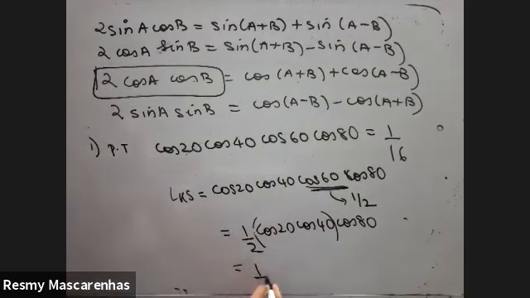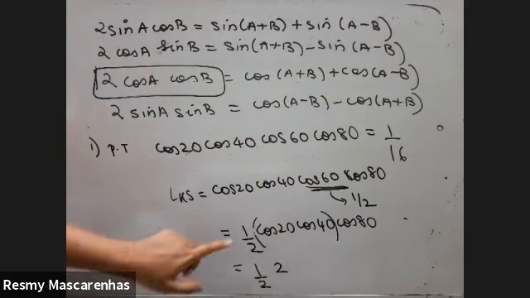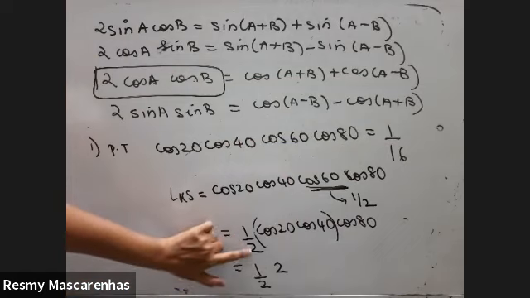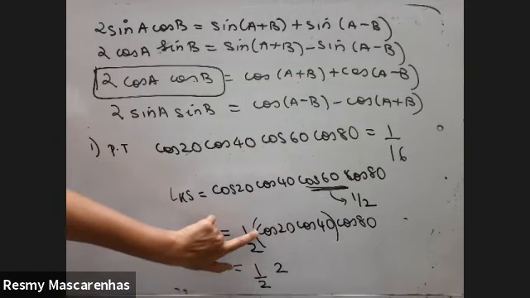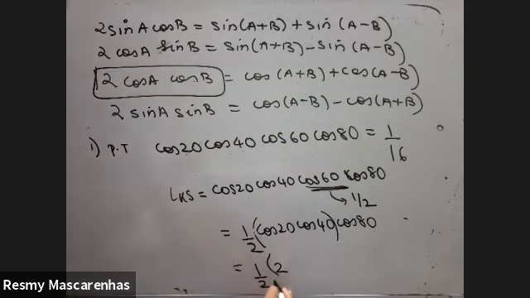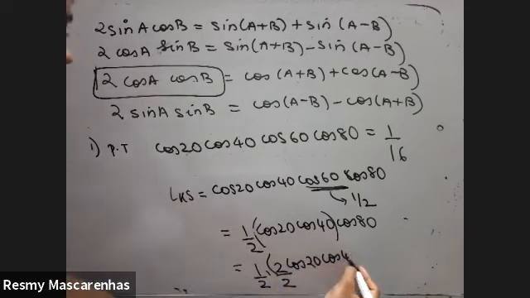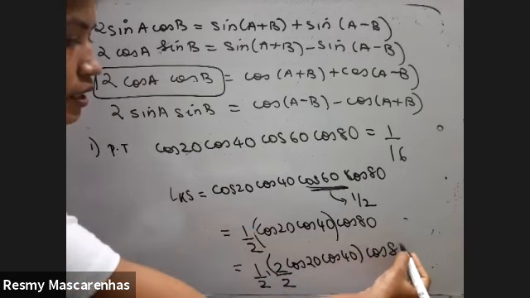In mathematics you simply cannot introduce any number until and unless you balance it. So if I am introducing 2 in the numerator, this half is already there at the side. I want 2 here, so I'll have to balance 2 down. Then cos 20 cos 40 and then cos 80.